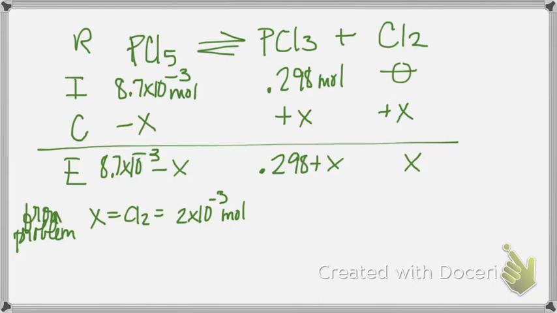So therefore that is going to be 0.0067 moles because I subtracted it. Therefore, this one is 0.3 moles, and this one is 2 times 10 to the negative 3.